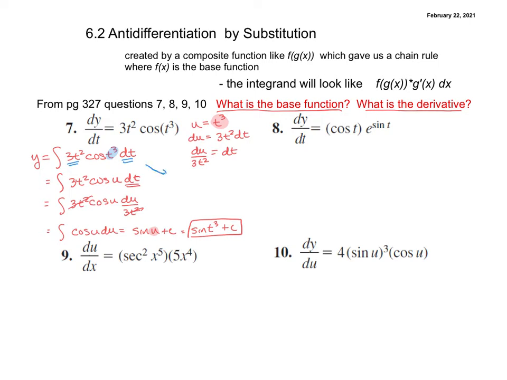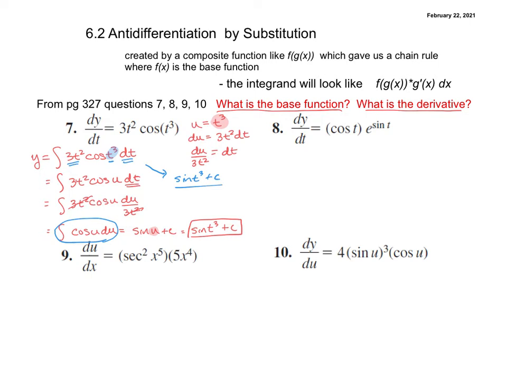And so I can just immediately write my answer down: the antiderivative of the cosine of u is the sine of u. Since I have the cosine of u and du right there, it is the integral of cosine of u du, just like I had written right here. I can just say, hey, the answer is the sine of u, which is t cubed, plus c. So I could have just gone directly to the answer. And when you get good at this, you'll be able to do that.